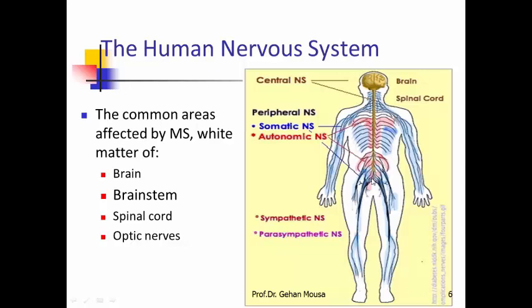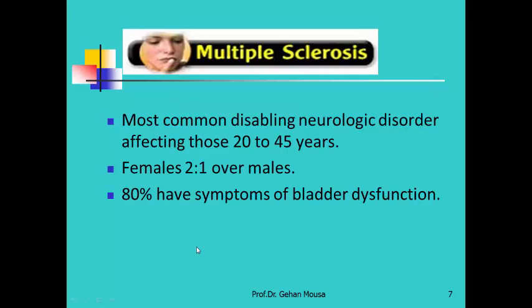The common areas shown to be affected by MS are the brain, brainstem, spinal cord, and cranial nerves in the brainstem, and the optic nerve, in the high origin or nucleus of the brain, which is the common cranial nerve affected post demyelination.